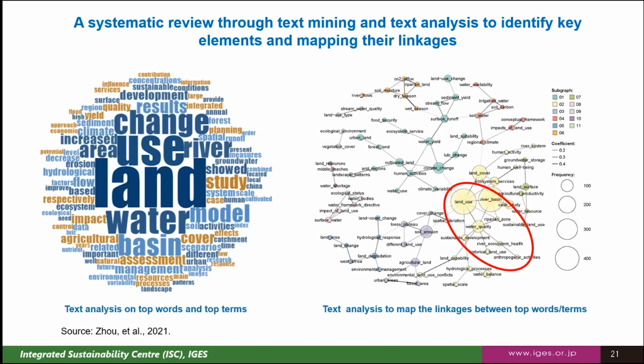These figures show the results on the top terms and the mapped relationships among them based on word co-occurrence. As a result, 60 top terms and nearly 300 key linkages among them were identified.